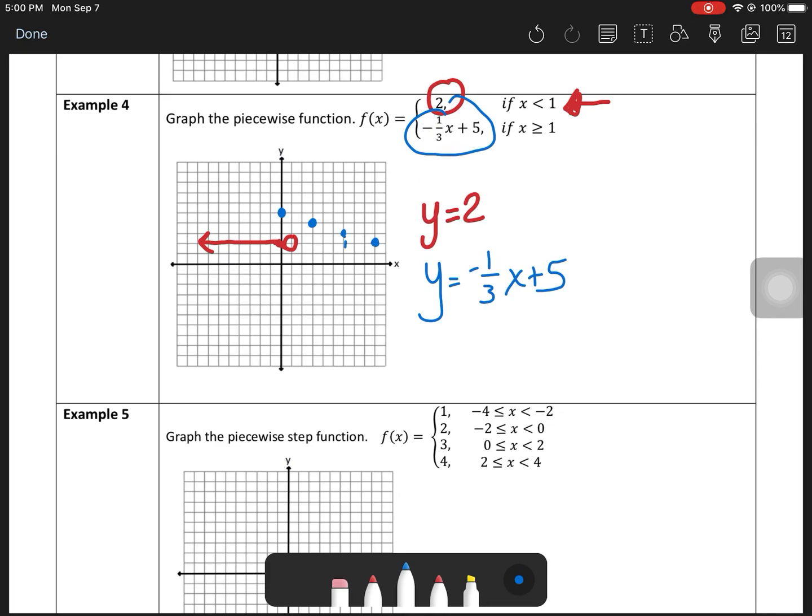If we connect those together, we know that this time we're going to go to the right because it says greater than or equal to 1. So where it crosses the x value being at 1, we know we want a filled in circle because it is greater than or equal to. We're going to erase everything to the left. We know that we're going to the right.